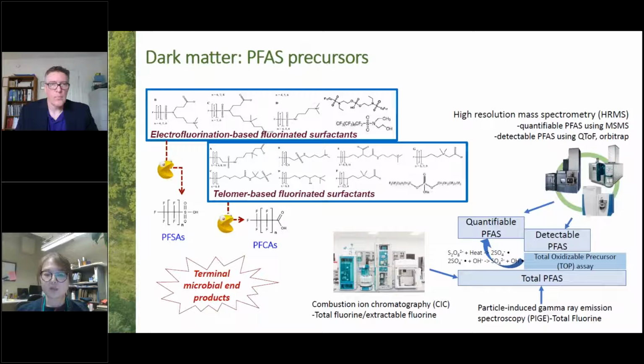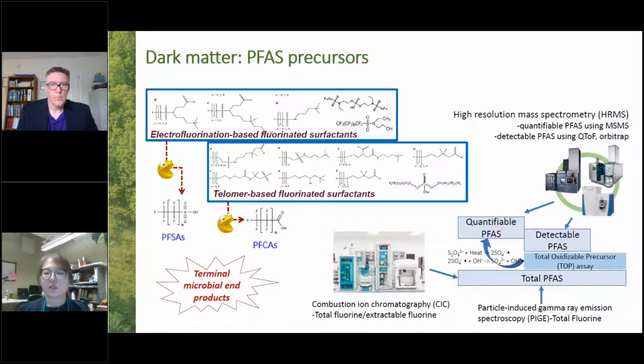So there are a couple ways we can measure the PFAS. The total PFAS can be measured by counting, I would say, the number of fluorines in the sample. And the most common way we can detect is using standard chemicals to know how much quantifiable PFAS is in the sample.